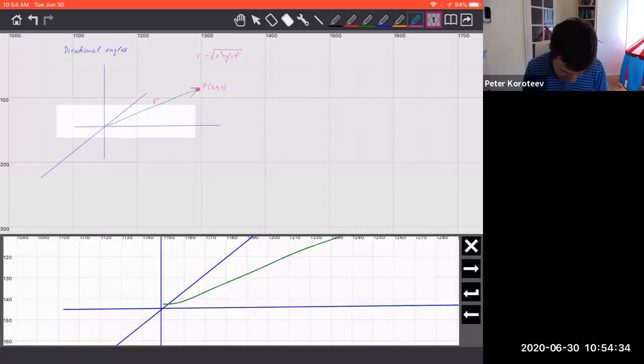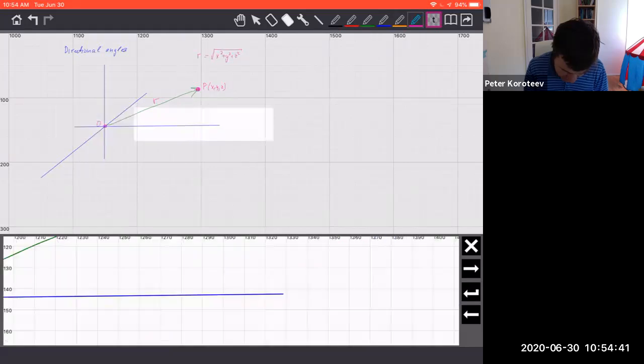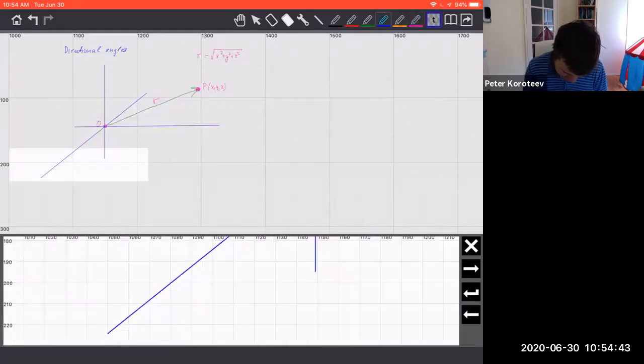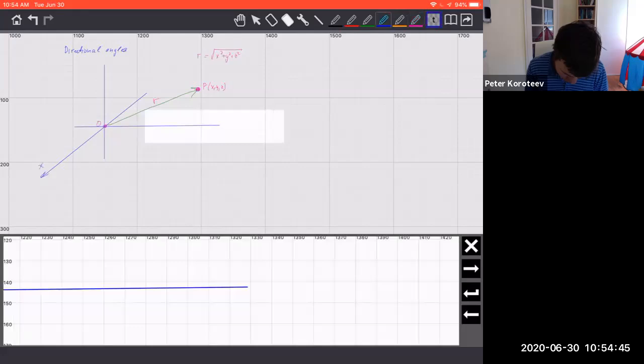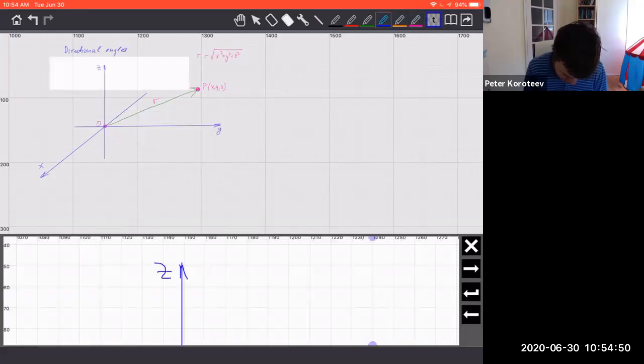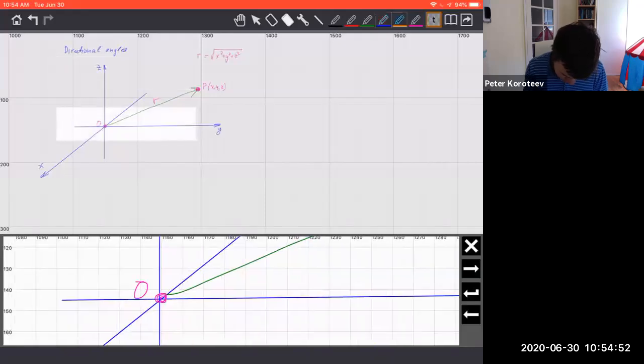Now I want to measure the angles between this vector and the coordinate axes. There's an angle between x and r, an angle between y and r, and an angle between z and r. We could call them alpha, beta, and gamma.